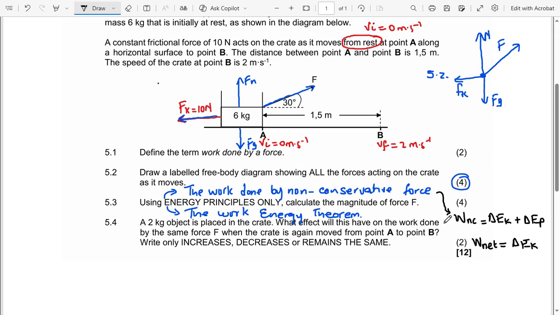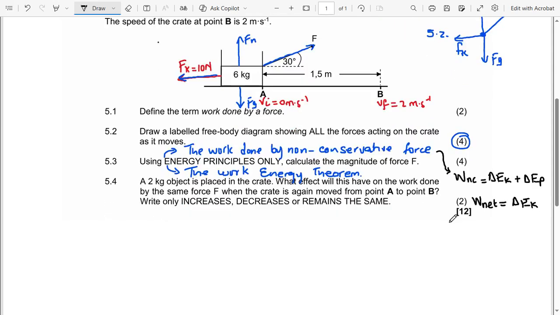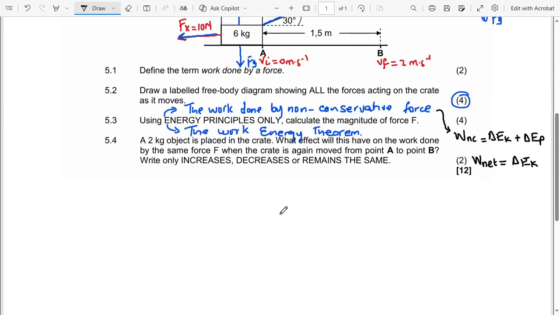In this case, the non-conservative forces acting on the crate are the applied force and the frictional force. I hope you understand. So let me work on this one. Then it's up to you which method you'll go with.